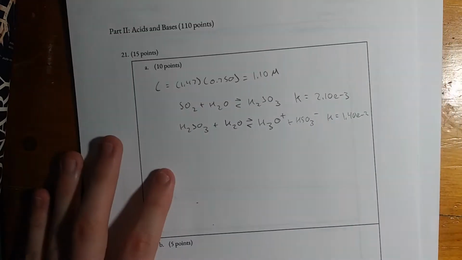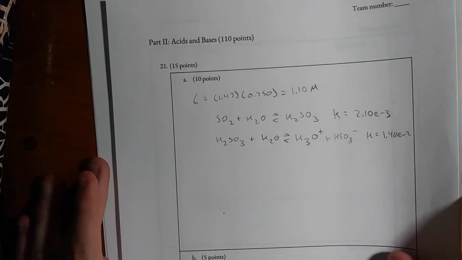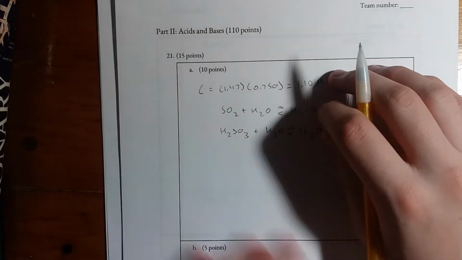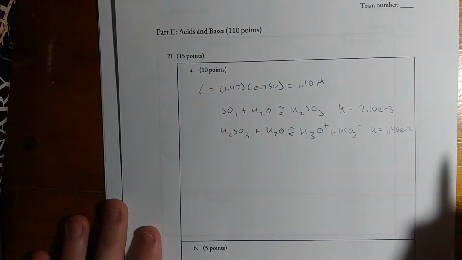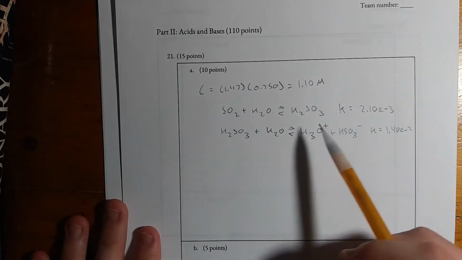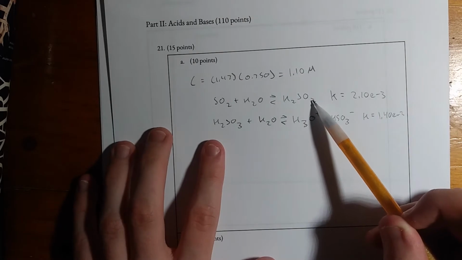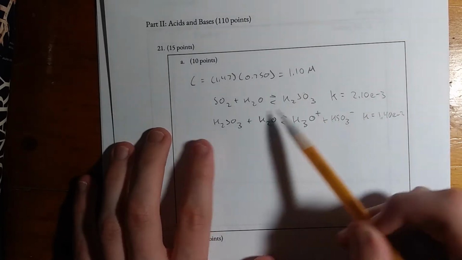Now I've written down all the things that I'm given, so it's really just solving this equilibrium setup. It makes sense to me to use Hess's law with equilibrium constants, because if I multiply these two equations together, I can cross these out completely.